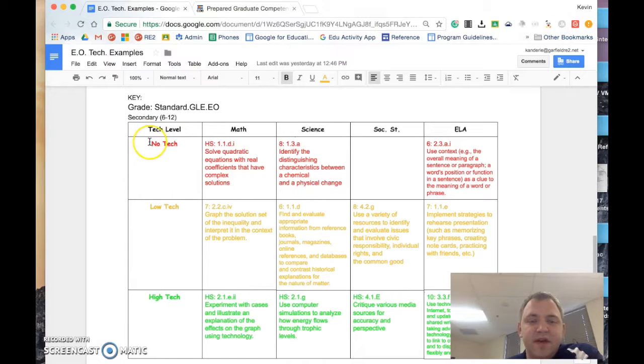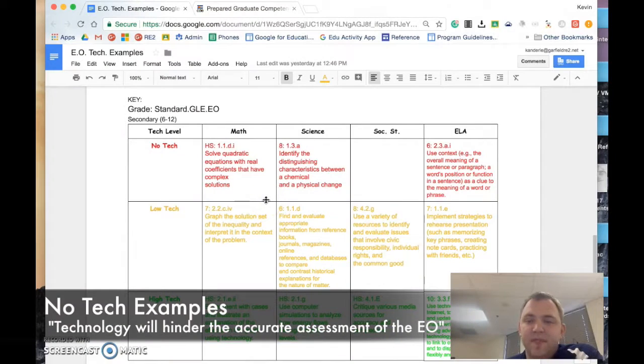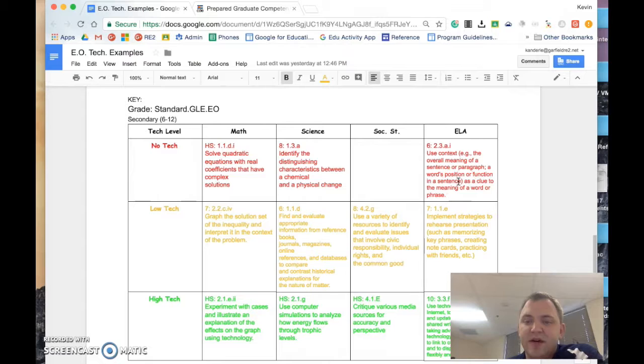And you can see here I've gone through some different content areas, and I've found some no tech, low tech, and high tech examples. For no tech, for example, this language arts standard right here, I felt like just in reading it that if a teacher were to try to use technology, it might get in the way of that evidence outcome.